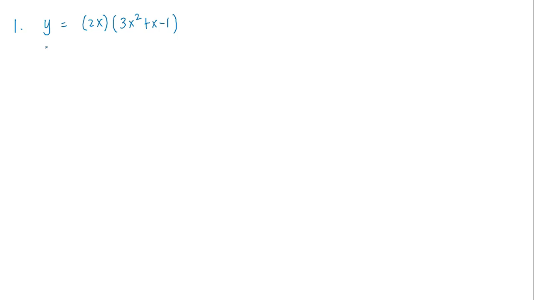Again, dito sa example natin, f of x is equal to 2x, g of x is equal to 3x squared plus x minus 1. I-solve na natin yung f prime of x. So alam natin lahat na ang derivative ng 2x ay 2. Okay, and then ang derivative ng x is 1, so 2 lang siya.